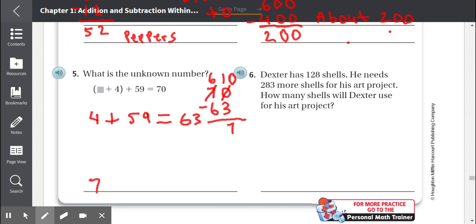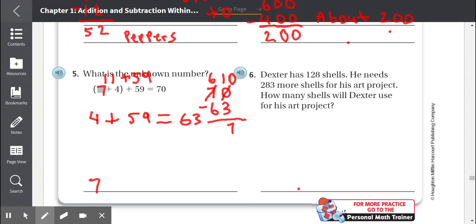So how can we check if our answer is correct? We can add 7 right here. So 7 plus 4 is 11. We know this equals 11, and plus 59. So let's see if 11 plus 59 equals 70.